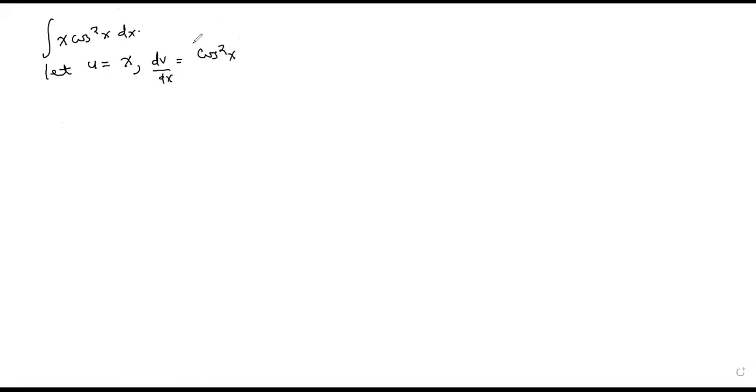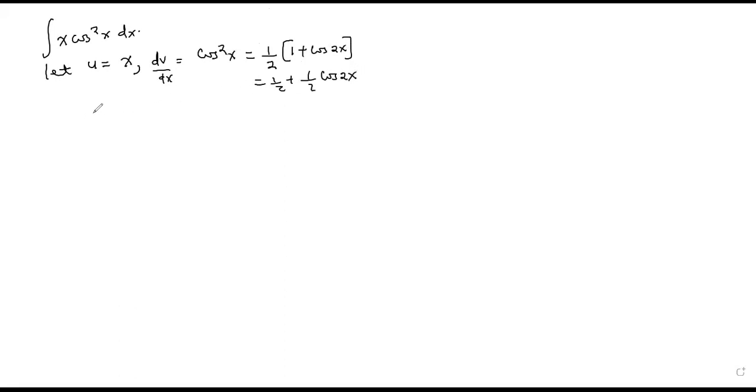But this cos squared x, when you evaluate it, is going to be a half into 1 plus cos 2x, which is the same as a half plus a half cos 2x.